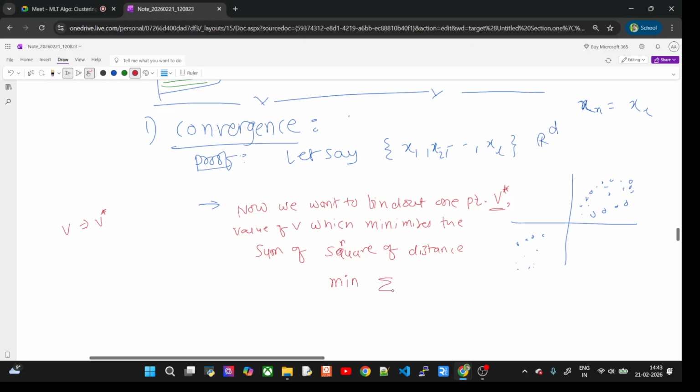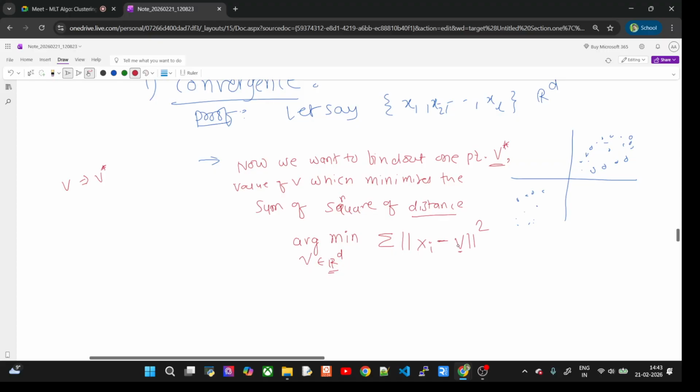What is the distance? Distance is xi minus v. So you have to find some value which is nothing but your argmin over v, which belongs to Rd. It's a vector. You have to find the value of v which gives you the minimum of this, because we are anyway aware of this.